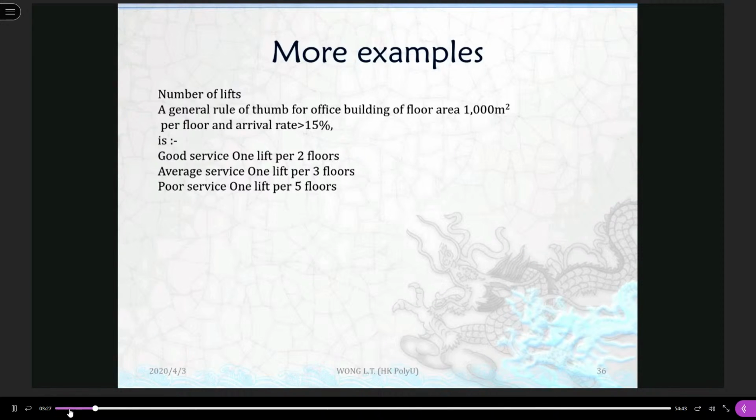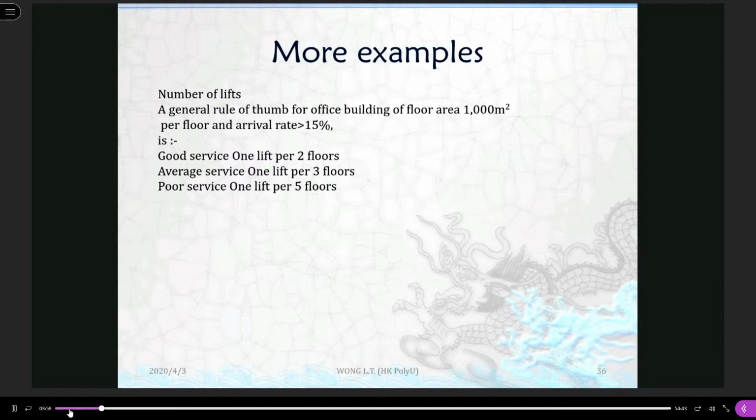A general rule of thumb for an office building in Hong Kong, if the per floor arrival rate is around 15%, is that for an office building of floor area 1,000 square meters per floor, approximately 10 floors or 7 floors require one lift, approximately.